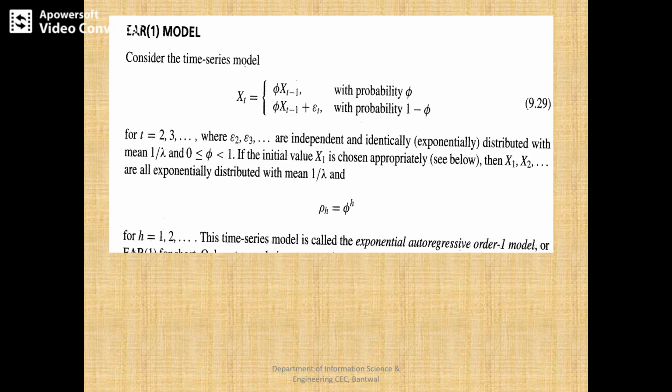The next one is the EAR(1) model. It is just the autoregressive one with the word exponential added. Again consider the time series model X_t, equal to phi times X_{t-1} with probability phi, and with probability 1 minus phi another term. The initial X1 is also chosen appropriately, then X1, X2, ... are exponentially distributed with the mean 1 upon lambda, and rho(h) equals phi to the power h, where h is equal to 1, 2, and so on.